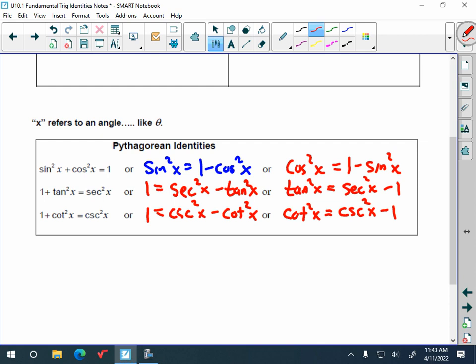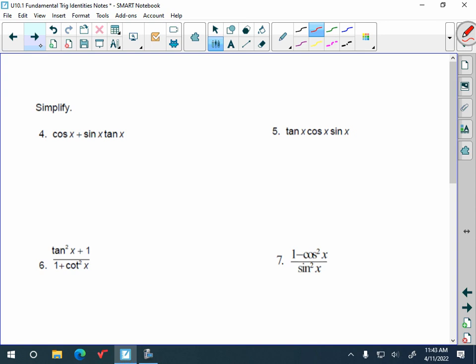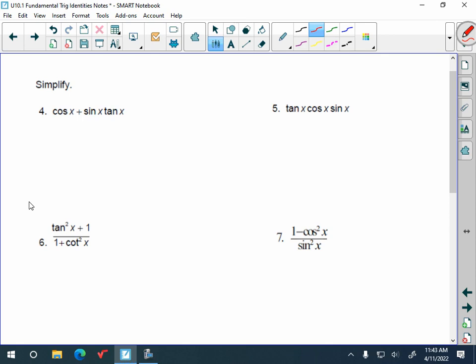And then we're going to use them. Go ahead and turn it over. We're going to do these out of order. We'll do the easier ones first and then more complex ones. Let's start with number 5.